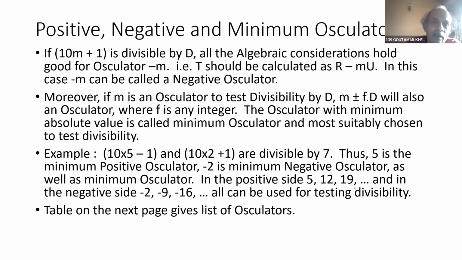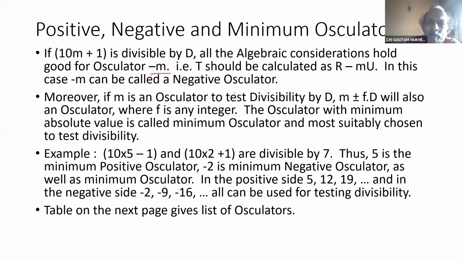So what do you do? Negative oscillator. The same logic, the same algebra applies. 10m plus 1 is divisible by d. All the algebraic expressions hold good for oscillator minus m. When this becomes negative, T should be calculated as r minus mu in that case. In this case, minus m can be called a negative oscillator.